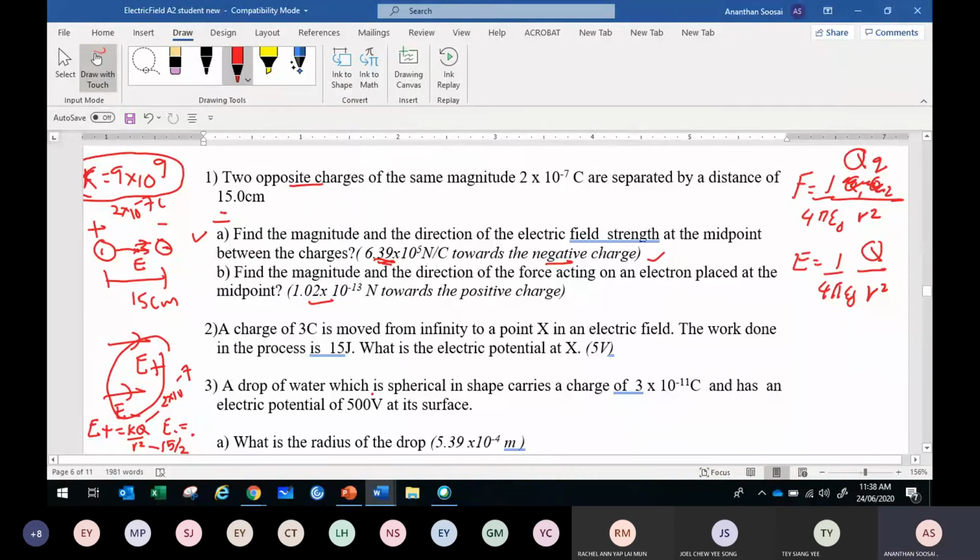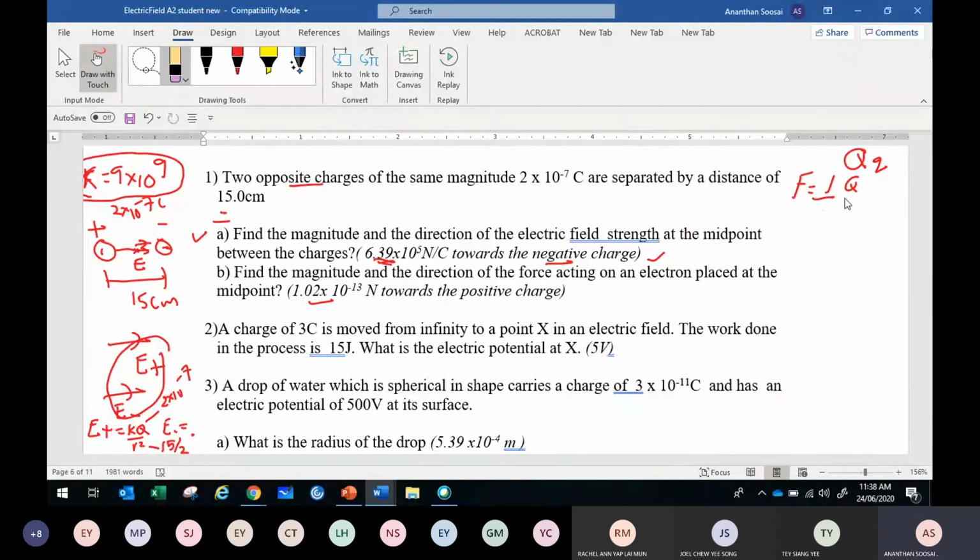Okay, now go for the B. We'll try for B. Get the answer in the bracket.